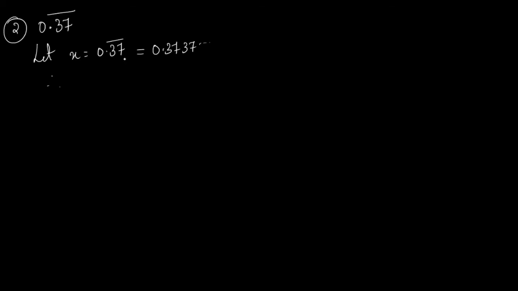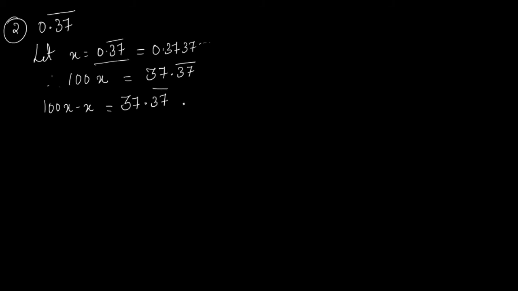How many are recurring digits? 2. So now you multiply this number by 100. So 100x is going to be equal to 37.37 bar. So you will write 100x minus x. Now 100x minus x is equal to 37.37 bar. And what is x?